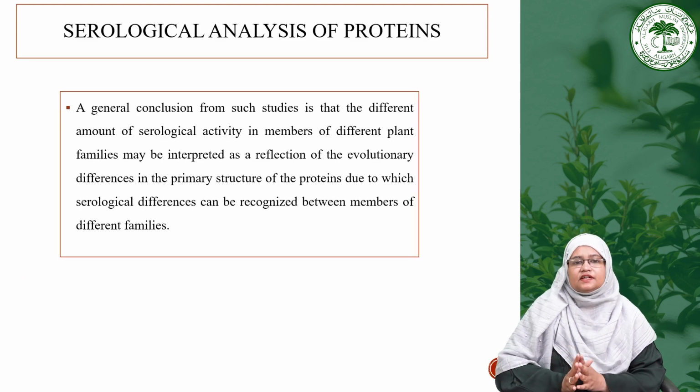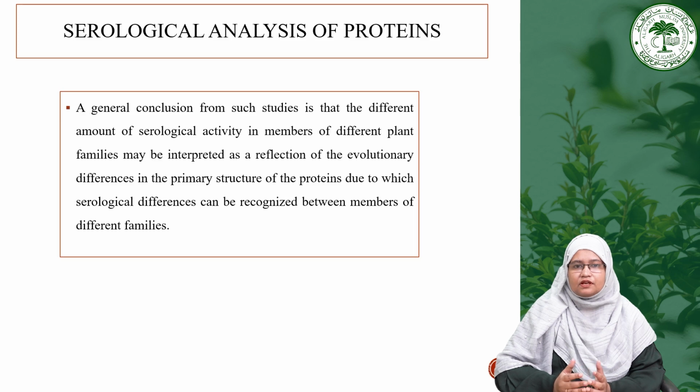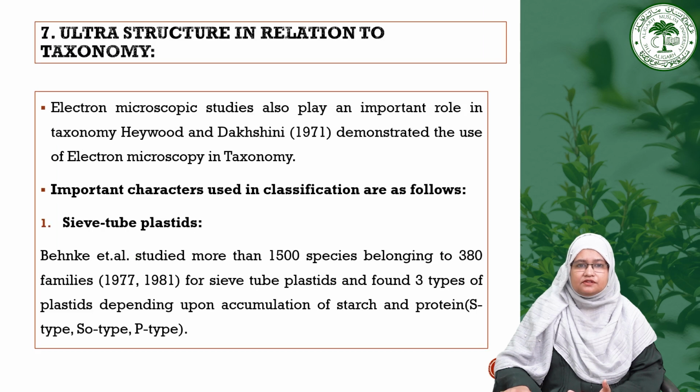A general conclusion from such studies is that different amounts of serological activity in members of different plant families may be interpreted as a reflection of evolutionary differences in the primary structure of protein, due to which serological differences can be recognized between members of different families. So it is a very important step to analyze the evolutionary history of ancestors.